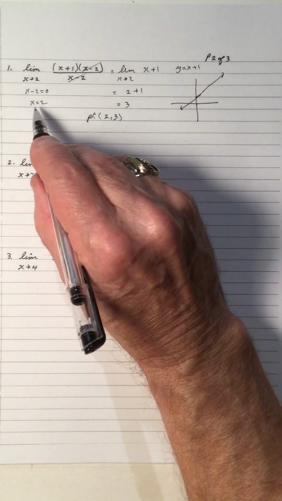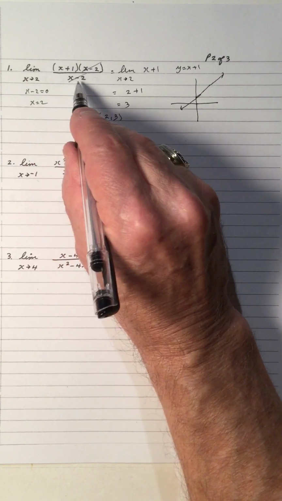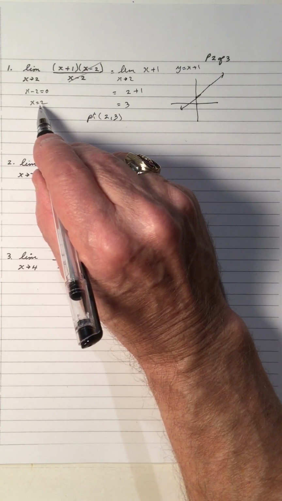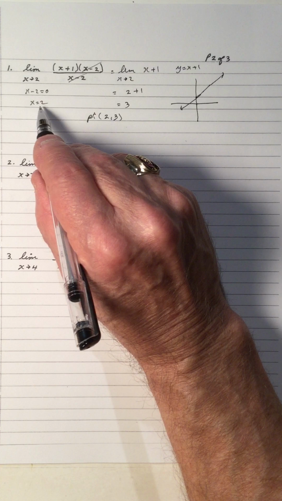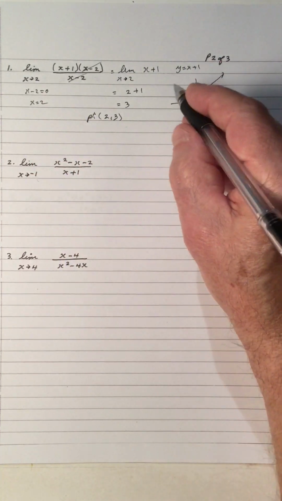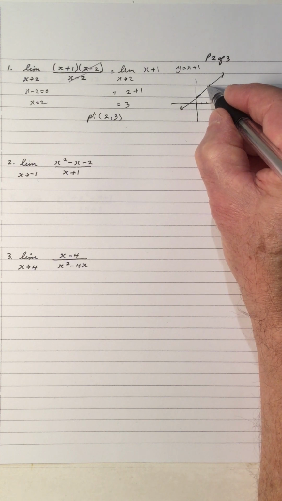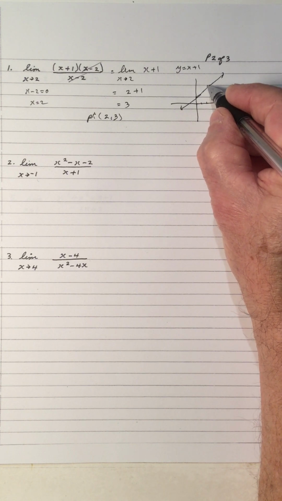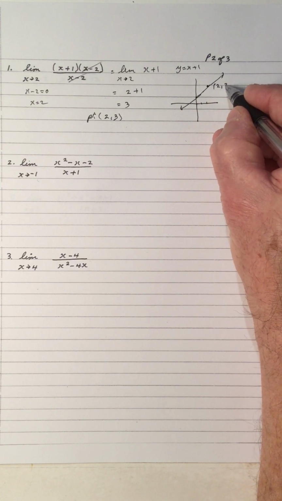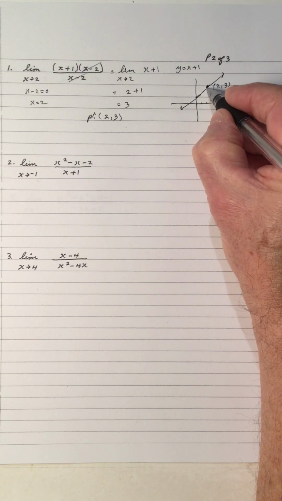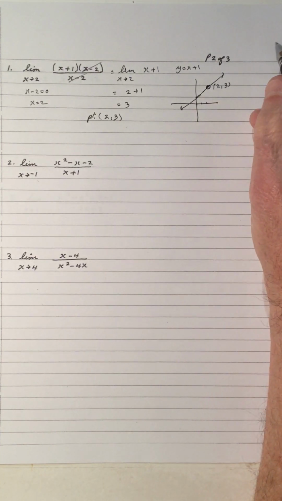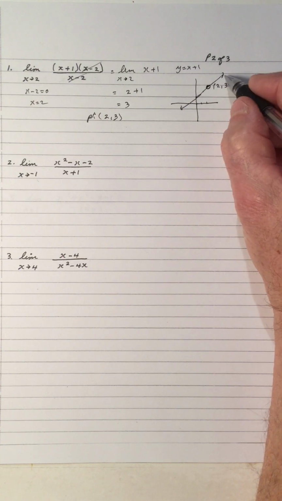But since we crossed out x minus 2, we're leaving out the point (2, 3). So 2 gives me a 3, so x is 2, y is 3. Let's say that's right there. And that point is not there. There's a hole in this line.